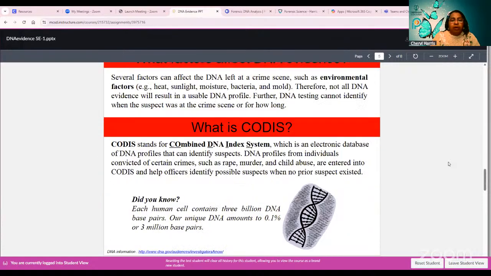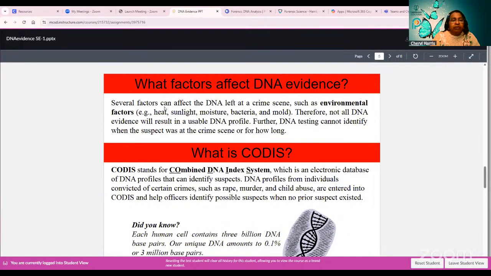What factors affect DNA evidence? Several factors affect DNA evidence left at the crime scene, such as environmental factors: heat, sunlight, moisture, bacteria, and mold. Meaning that especially if the body was found outside, you have to worry about all of these things. Not so much inside, maybe bacteria and mold on the inside, but you have to worry about heat, sunlight, moisture, mold, bacteria, always on the outside.